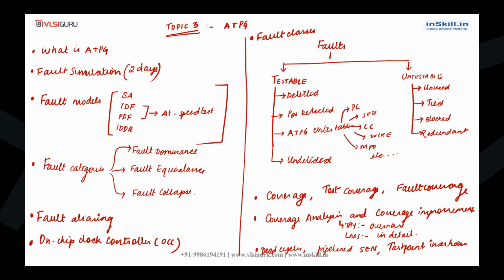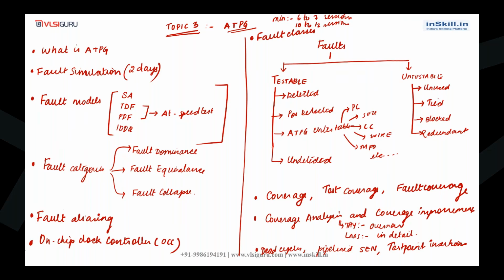The ATPG topic is a very vast topic. Minimum it will take around 6 to 7 sessions. In some batches it has even taken 10 to 12 sessions. The minimum requirement is 6 to 7 sessions in order to cover all these topics in ATPG.